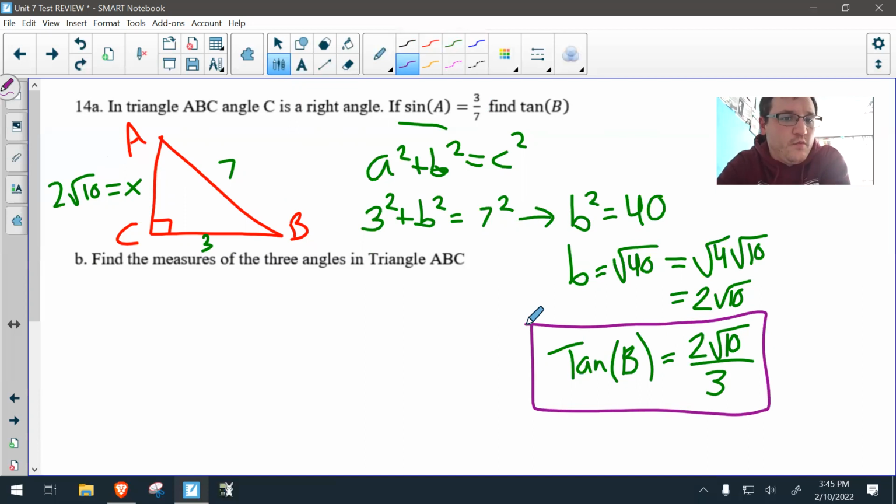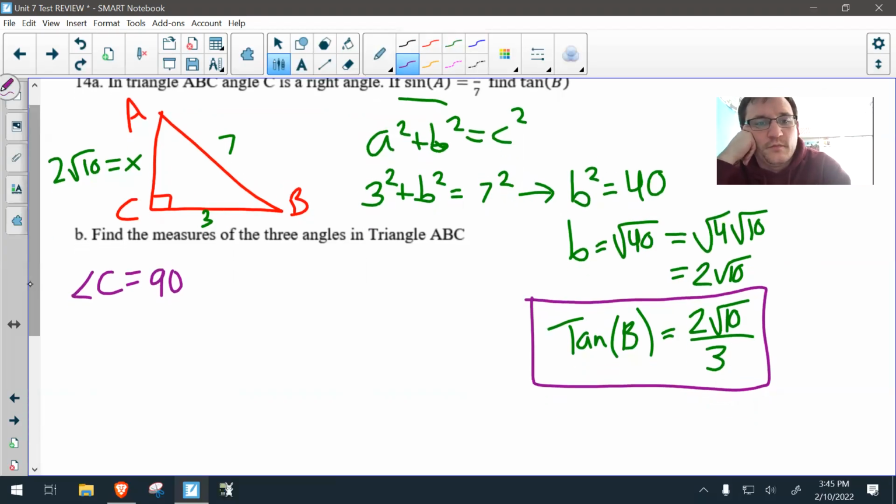Now, part B wants us to find the measures of all 3 angles. Well, luckily, we know one of them is 90, so angle C equals 90. Again, let's not make it more complicated than we need to. We know 3 is the adjacent, 7 is the hypotenuse.